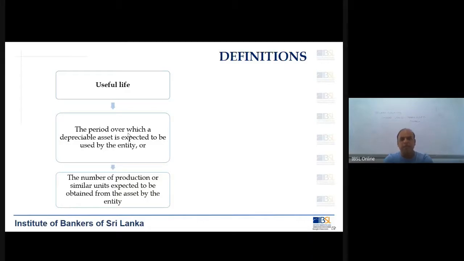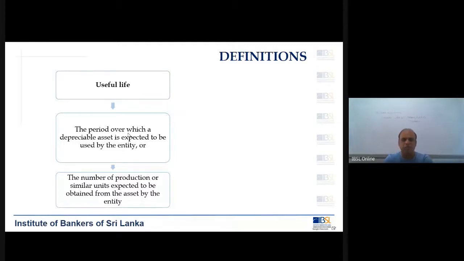Then, adding on to that, it also goes on to say the number of production or similar units expected to be obtained from the asset by the entity. Now, one way of looking at the useful life is what I told you, in terms of number of years.